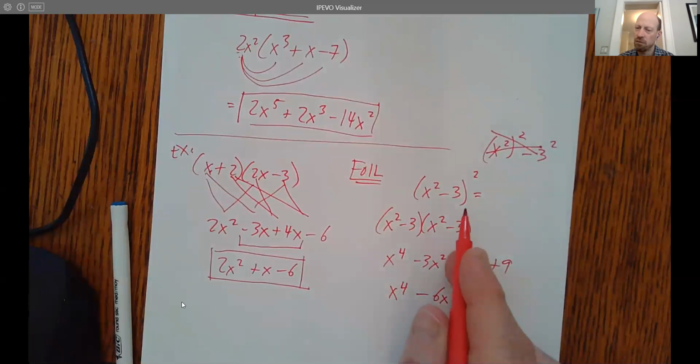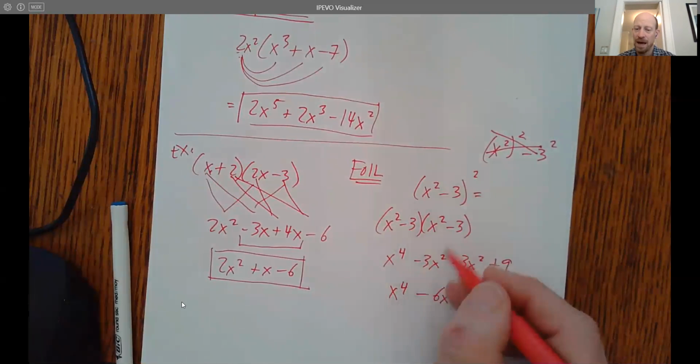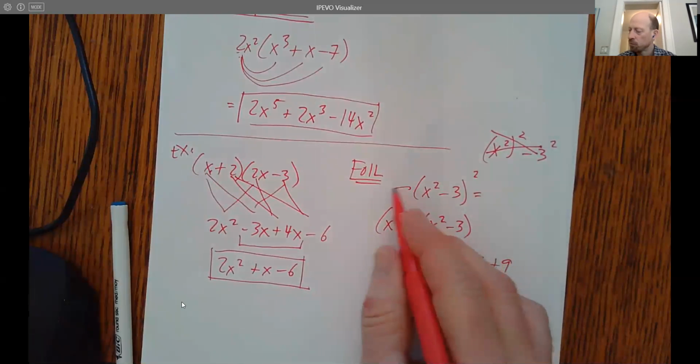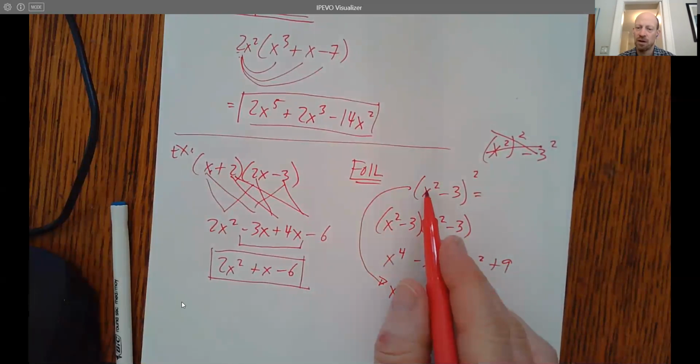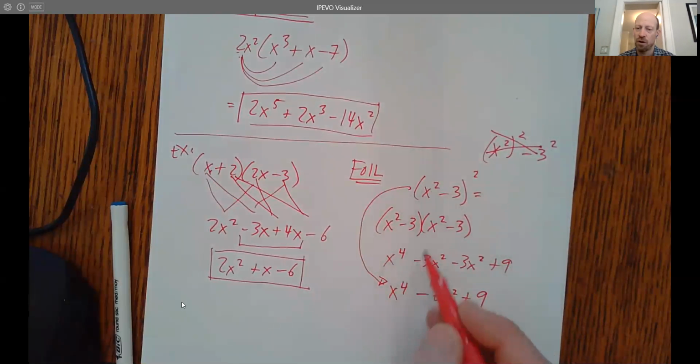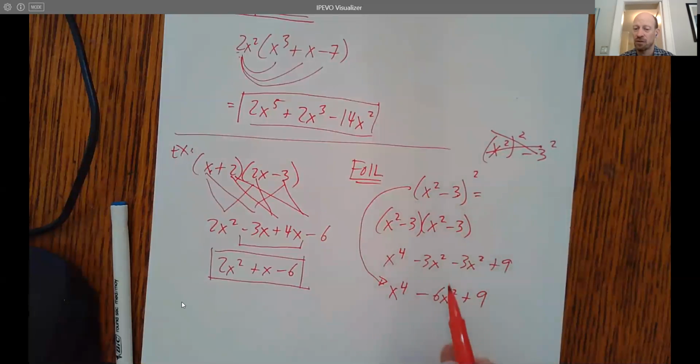And if you've done enough of these, you can make a little shortcut here. There's a pattern. The book, I think, calls it a special product. So x squared times x squared gives you the x to the 4th, and the minus 3 times the minus 3 gives you the 9. But you also have to remember that I'm going to get 2 of these middle terms, minus 3x squared and another minus 3x squared, and that's what gives me the minus 6x squared.